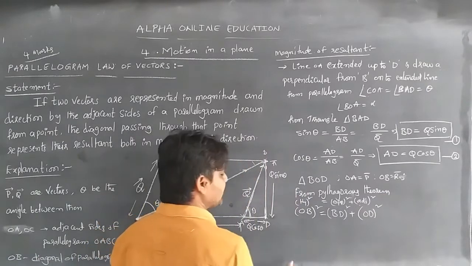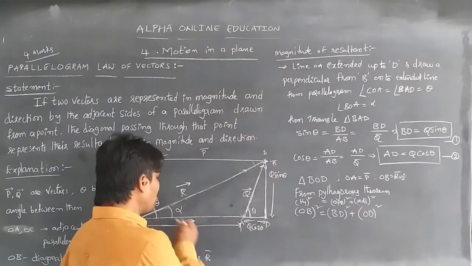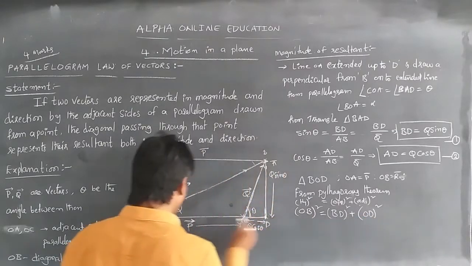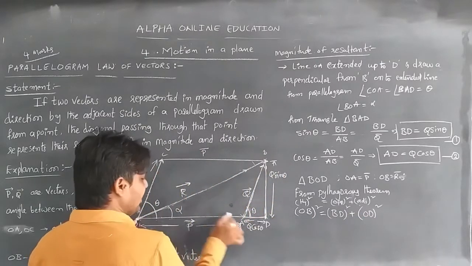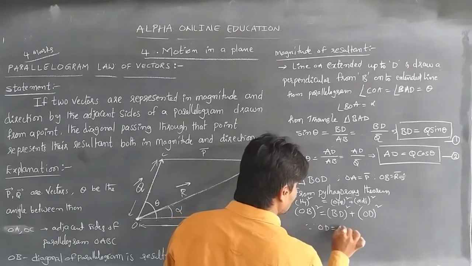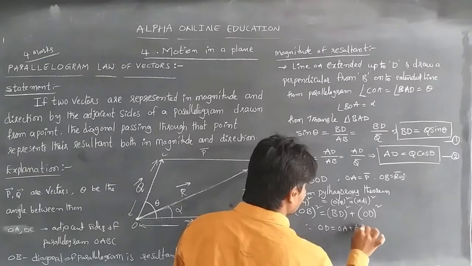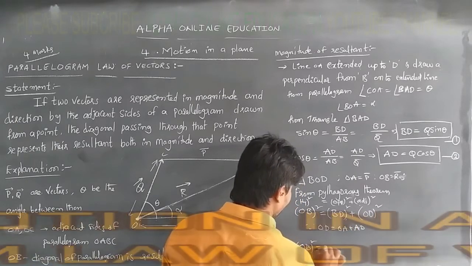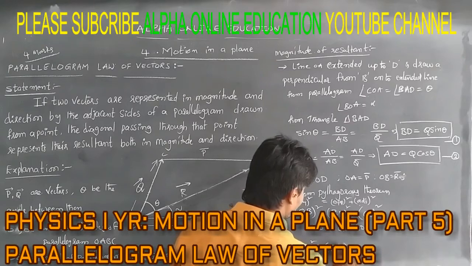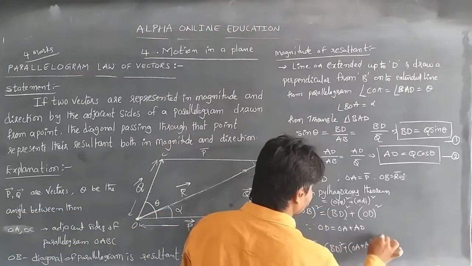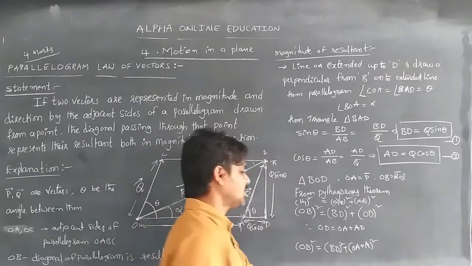We know that OB is equal to R bar, and OD is equal to OA plus AD. Since OD is equal to OA plus AD, OB square is equal to BD square plus (OA plus AD) square.